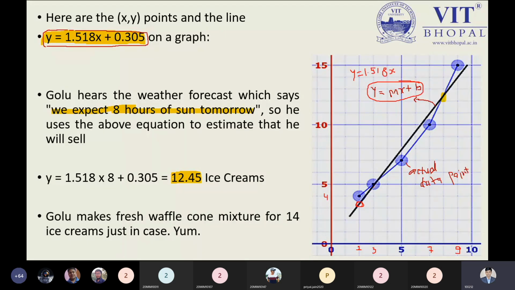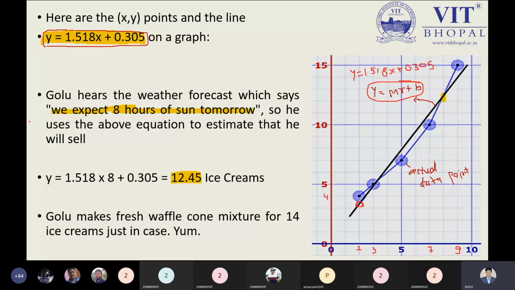What have we calculated for b? 0.305. Okay, so this is our line, which is known as the regression line.